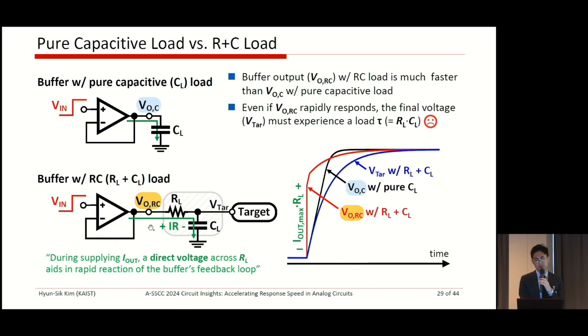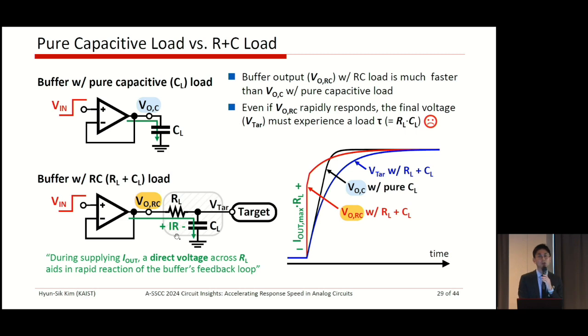How about the difference? This node voltage responds more rapidly compared with the pure capacitive load, because in order to change Vout, the current is applied, and the supplied current generates a direct voltage across the resistor RL.